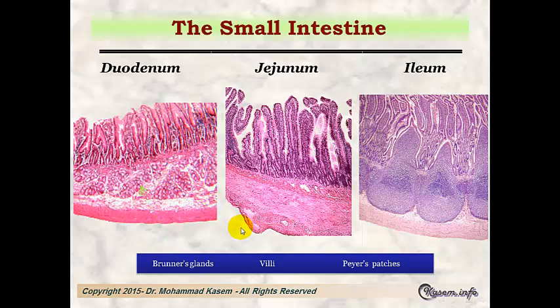And then you watch the villi of the jejunum, which are long and cylindrical. While in the third part of the small intestine, we'll see the Peyer's patches in the ileum, which are large lymphoid follicles, and their presence is characteristic of the ileum.